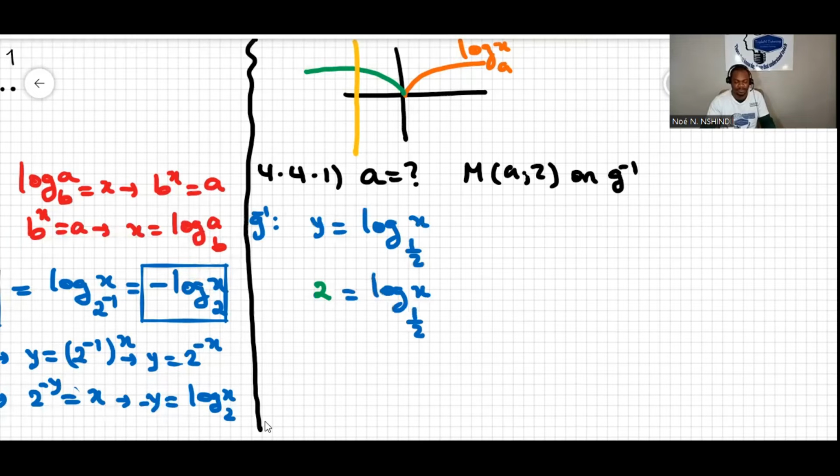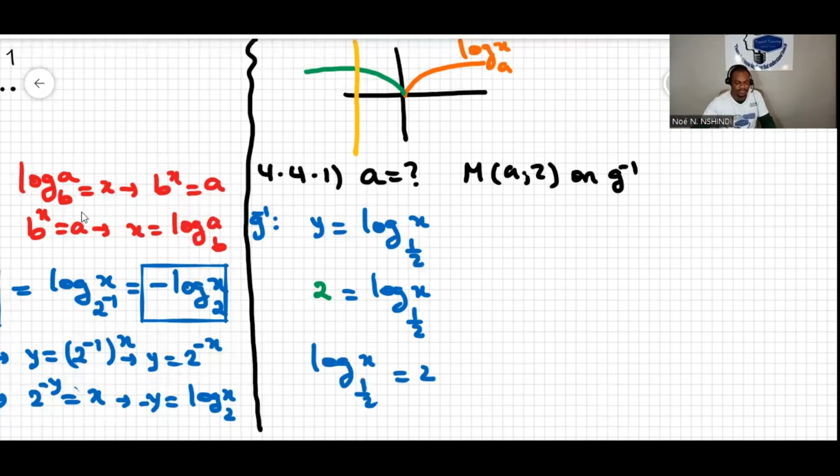According to our formula, log of a base b equals x means b to the x equals a. Let me reverse it: log of x base a half equals 2.